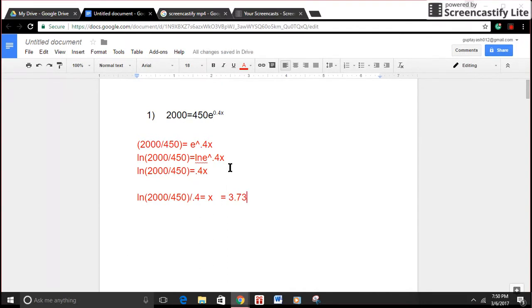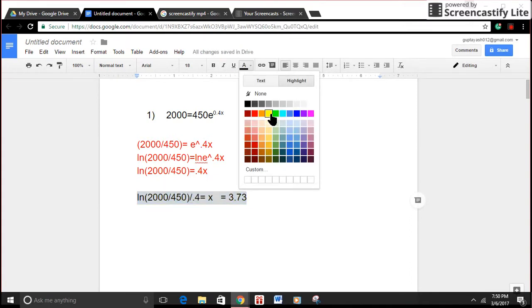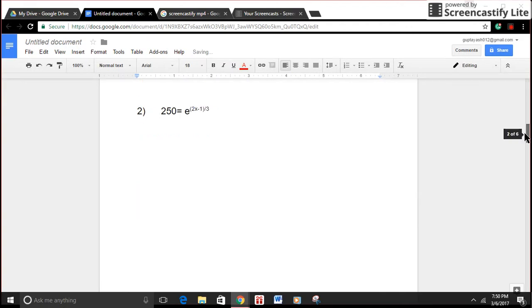Your actual answer for that is going to be 3.72914. But this is your answer right here. Let me highlight it for you. Problem one, highlight yellow. Your next problem.